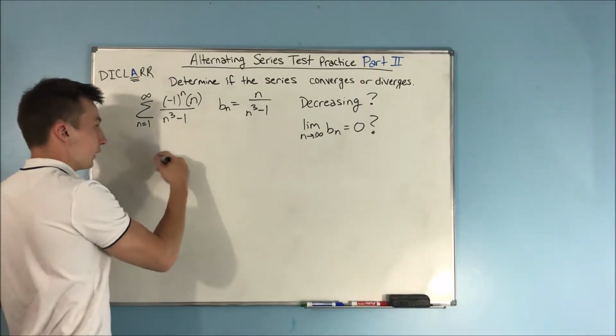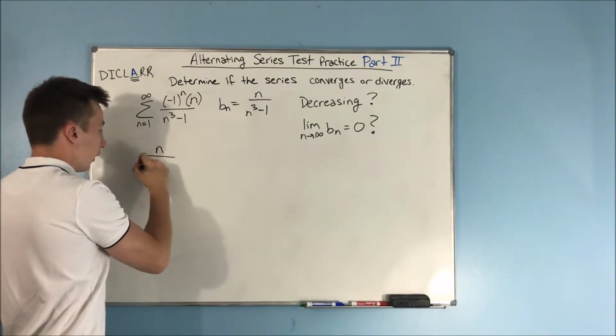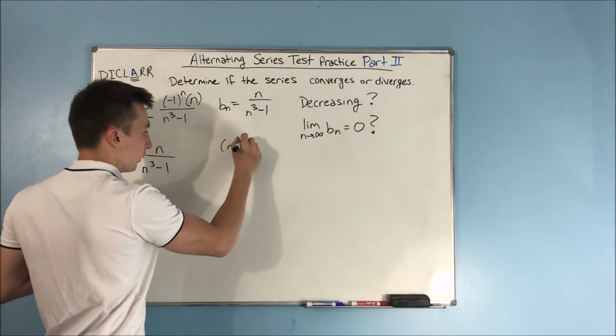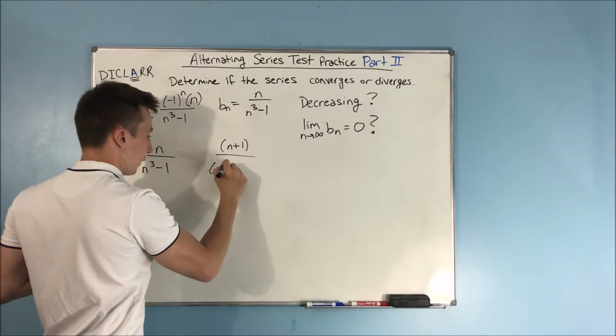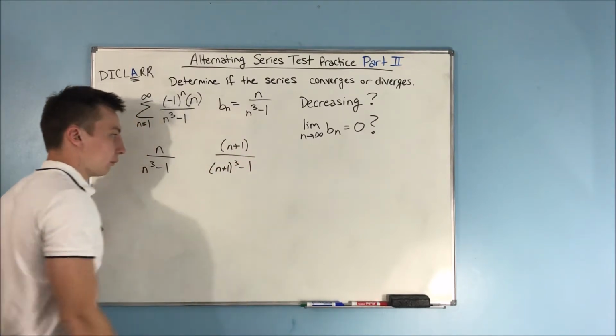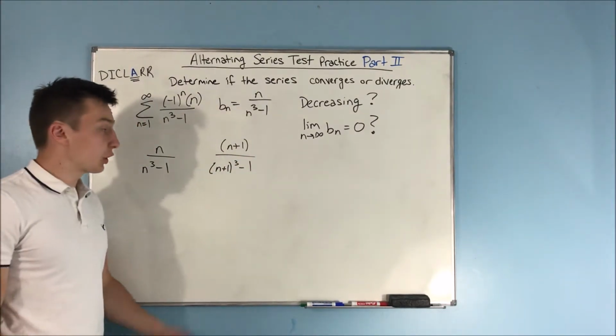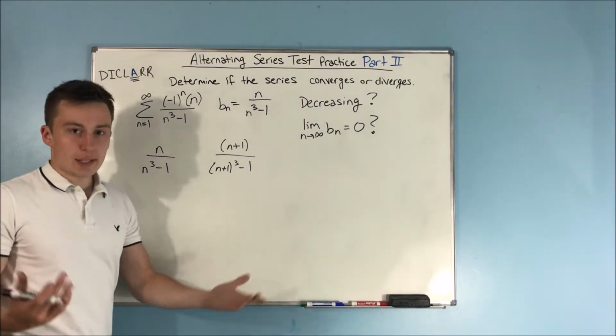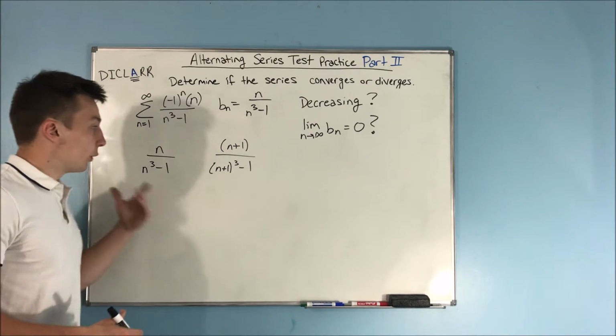Let's see if it's decreasing. We have n over n cubed minus 1 compared to n plus 1 over (n plus 1) cubed minus 1. So we're showing an increase in n here. If it doesn't make sense why we're adding 1, that's why: we're showing an increase in n, so we need to see what happens.